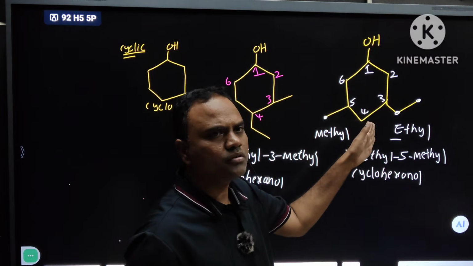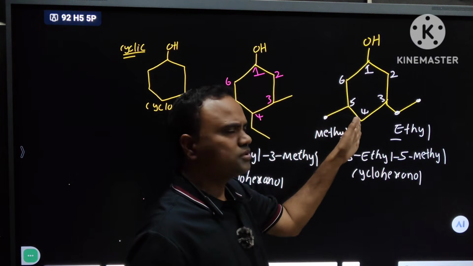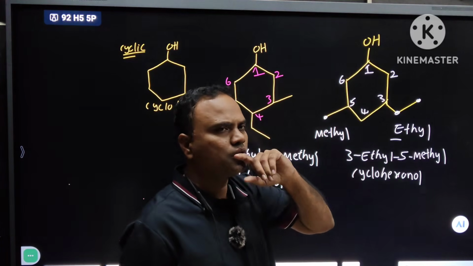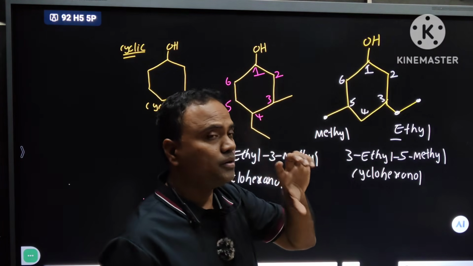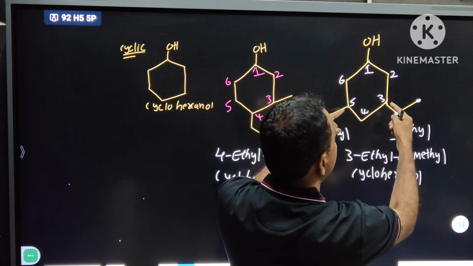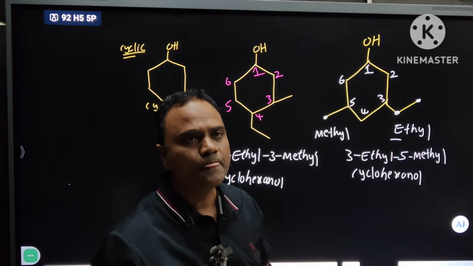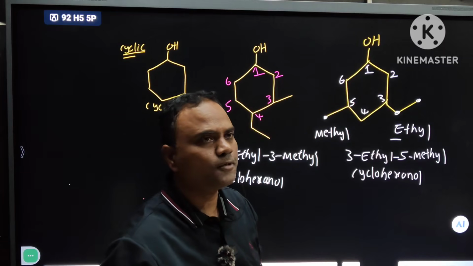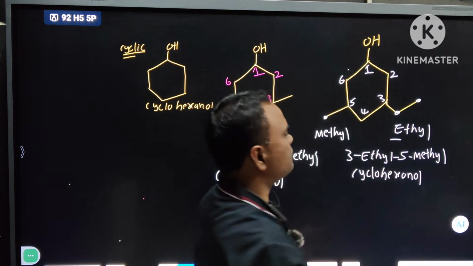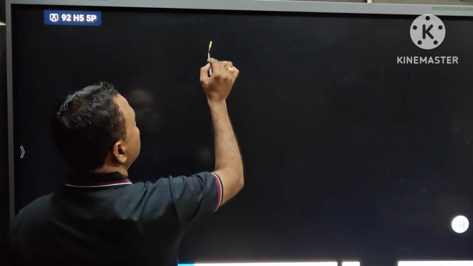In this direction, no, wrong. Why? Because when two substituents are at the same position, then follow alphabetical order. 1, 2, 3. Both are at the third position only. Then follow alphabetical order.